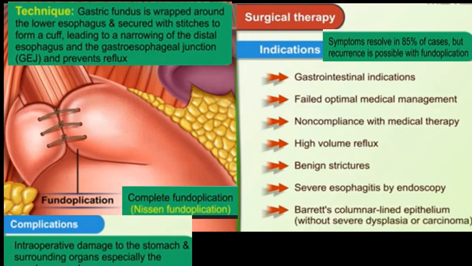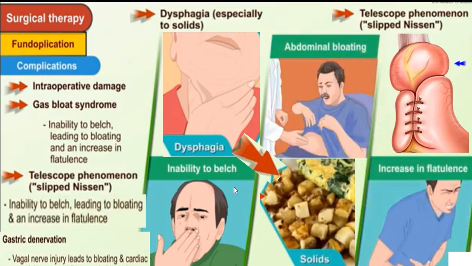One of the classical surgical therapies is fundoplication, that is plication of the fundus part of the stomach, which is called complete plication, that is Nissen fundoplication, or partial fundoplication. These are the words which are being utilized.